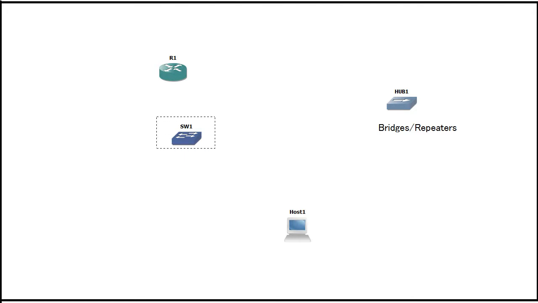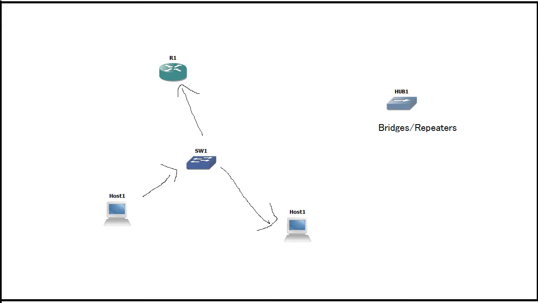Now, a switch and a router both do filtering, and they don't spam packets out to every single device on the network. A switch will filter packets by their MAC address, and let's say I have two hosts on the network, and host 1 doesn't know who the router is, and it will send a packet out, and if the switch doesn't know, it will send a packet out to all of these saying, "Who are you?"